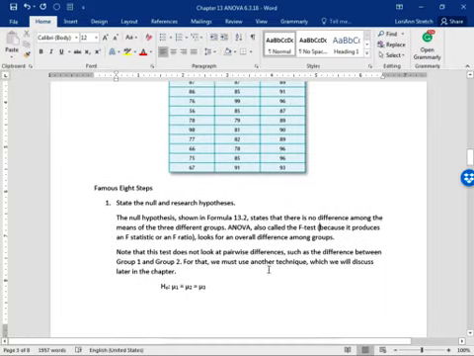It doesn't look at pairwise differences, so it's not comparing group 1 to group 2, group 2 to group 3, group 1 to group 3. That's not what we're doing in ANOVA. We're just trying to see if there's a difference. So our null hypothesis is clearly going to say there's no difference between these 3 groups.